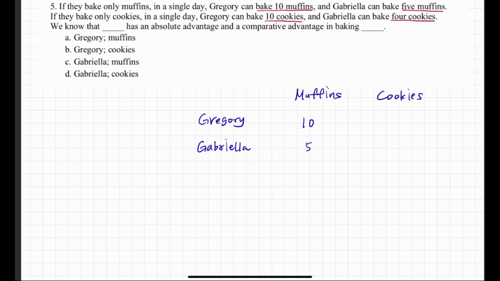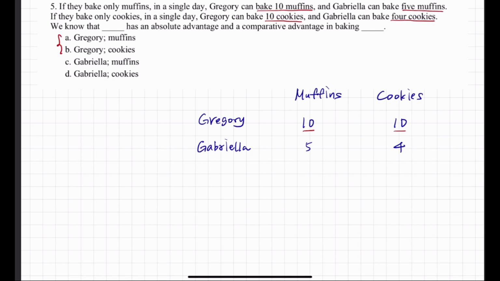In terms of cookies, Gregory can make 10 cookies, and Gabriel can make 4 cookies. So how can you find the absolute advantage? Gregory can make 10 and 10, so we know that Gregory has the absolute advantage. So you can choose A or B, right?